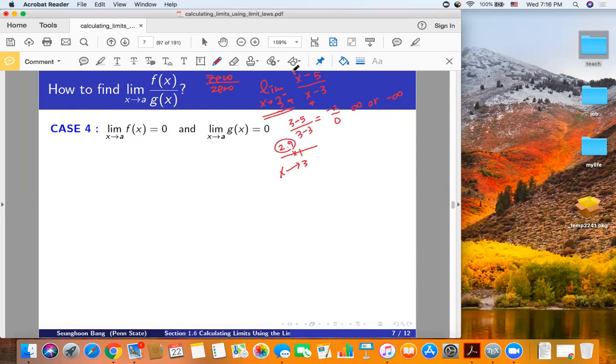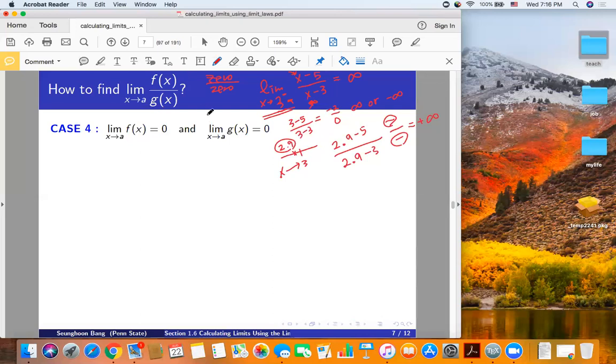You plug 2.9 into the function. 2.9 minus 5 is negative. 2.9 minus 3 is negative. Negative over negative is positive, so the answer is positive infinity. It's always the same idea for solving case 3.